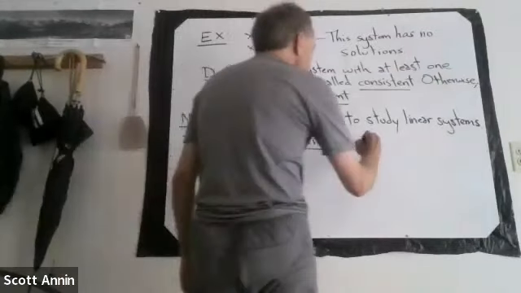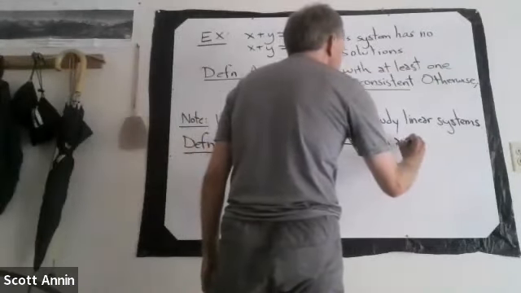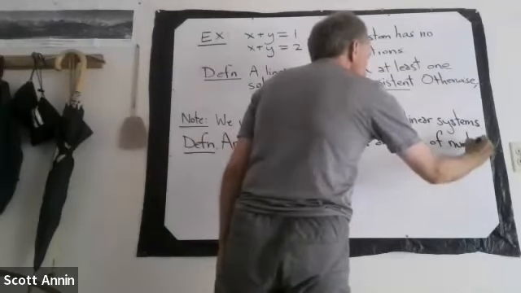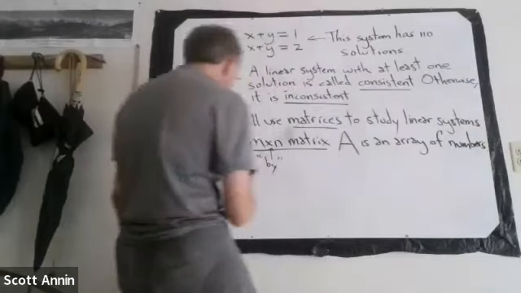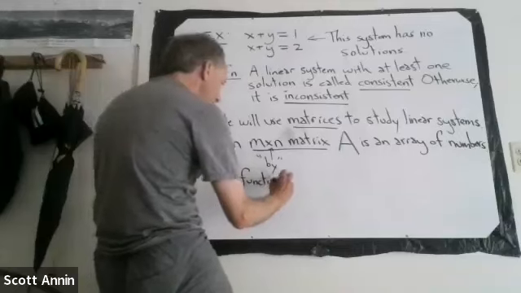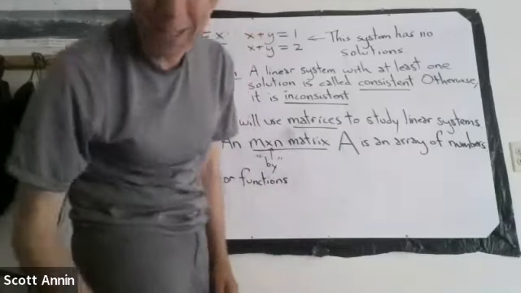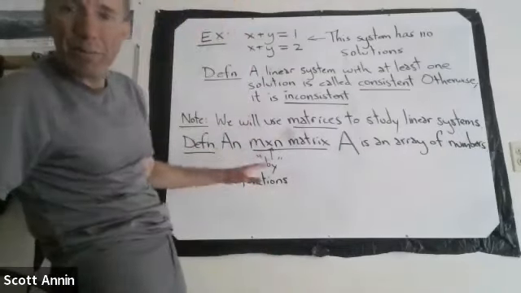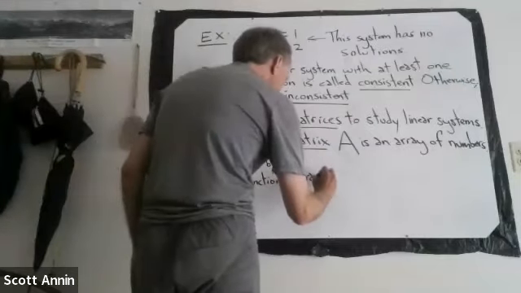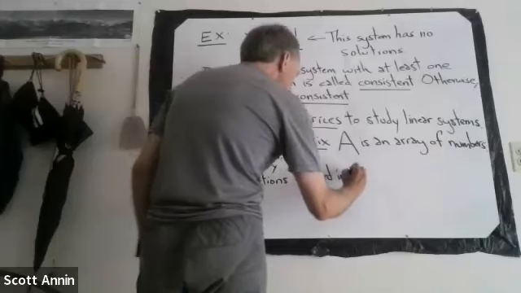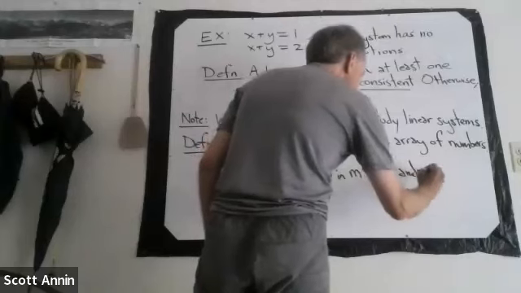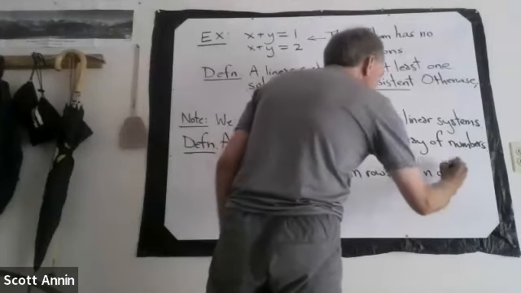And it is simply an array. It is an array, I'll explain that in a moment, of numbers, or it doesn't have to just be numbers. It could actually be an array of functions. So it's an array of numbers or functions arranged in m rows and n columns.